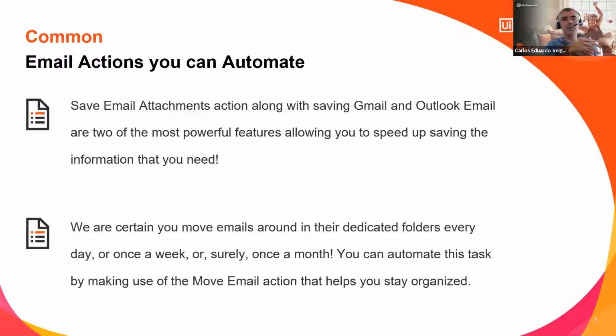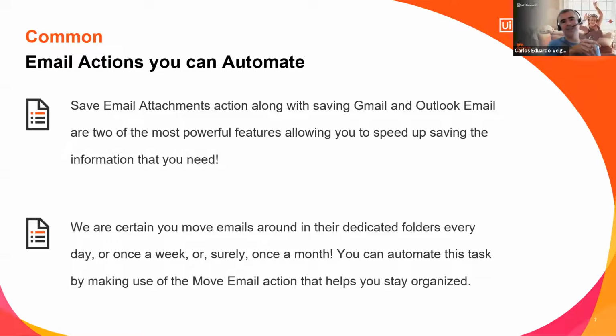So you can also make sure that your emails are organized automatically. The second example here is that you can move emails around. If you're using Outlook, you'll probably have several folders that you use. Some folks move the emails every month, others do it every day, depending on the volume, or you might move emails based on their content.